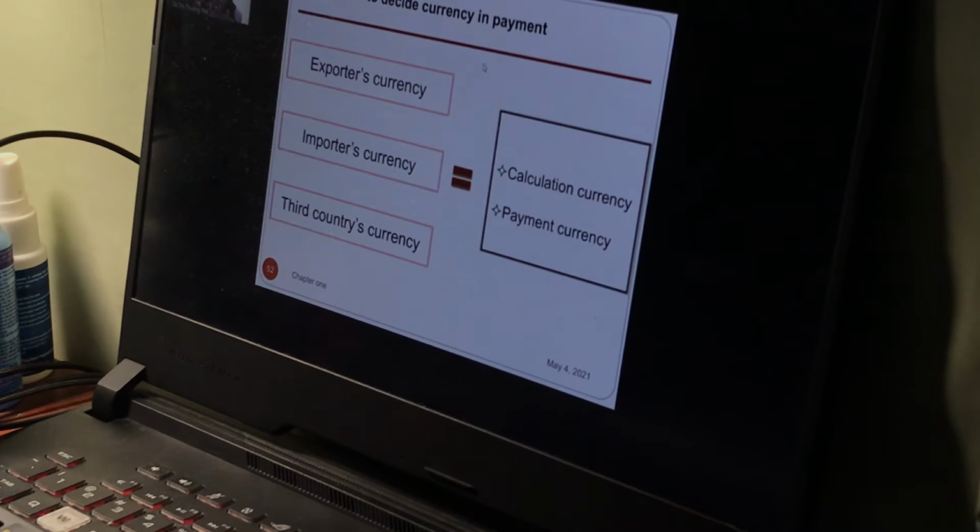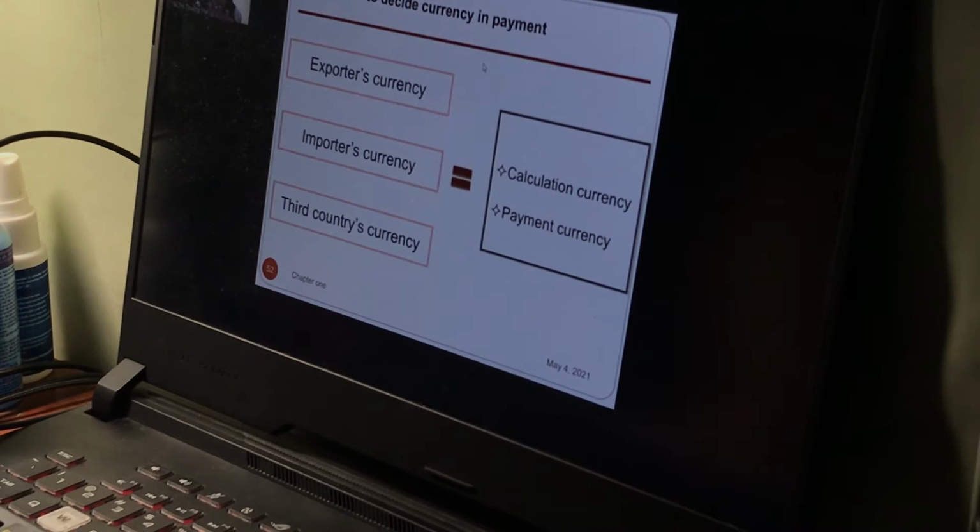But in reality, we focus on some currencies. For example, we don't use Vietnamese đồng. We don't use Kip Lao. We don't use Cambodian riel. We often use hard currency. Okay, so now write down some currencies that we use popularly. That is the first question.